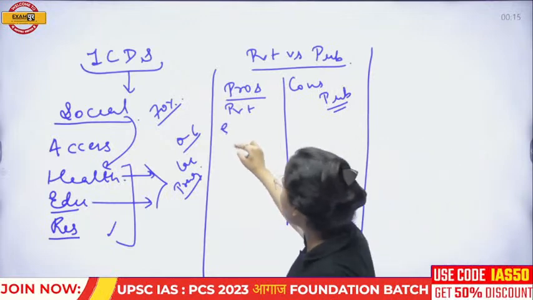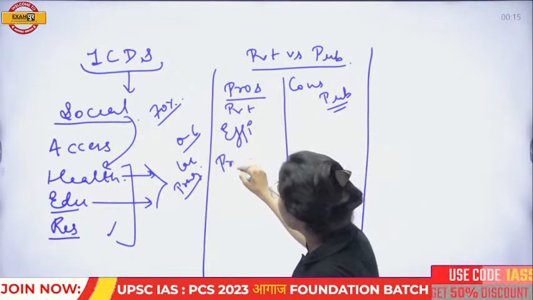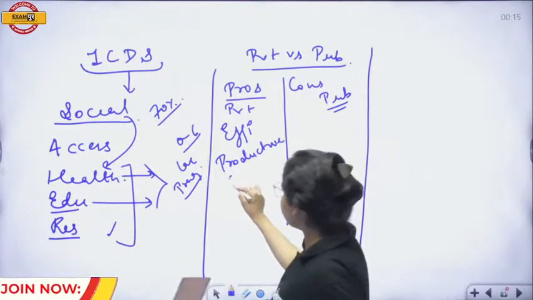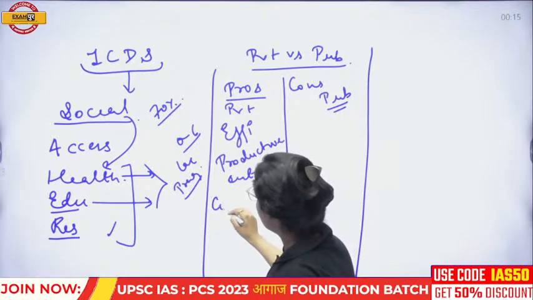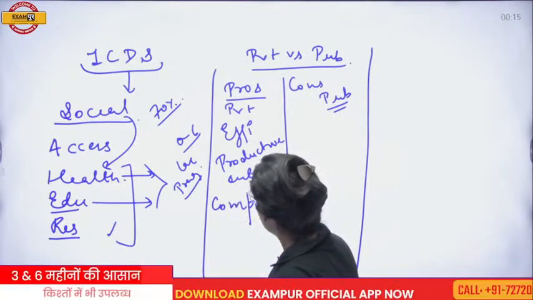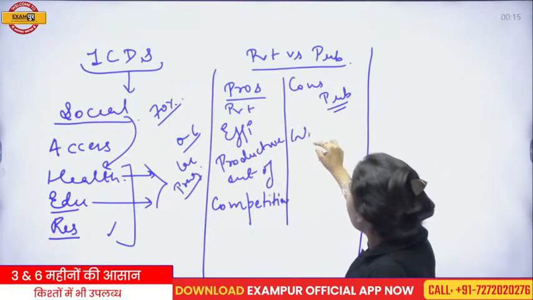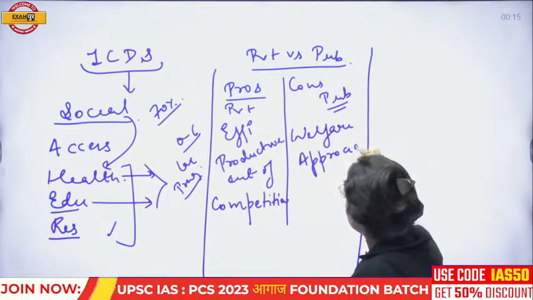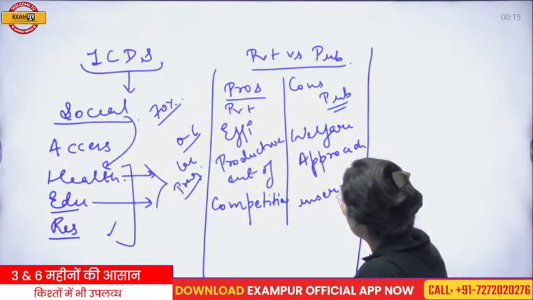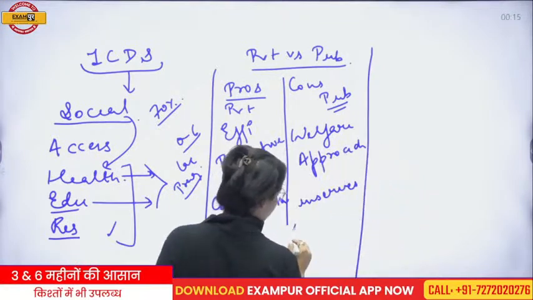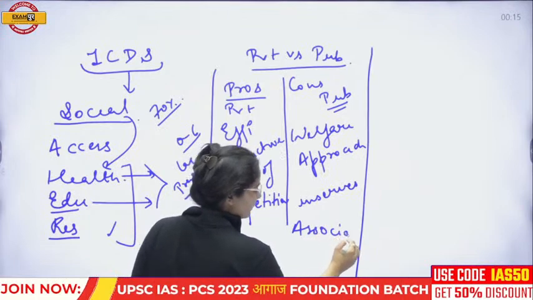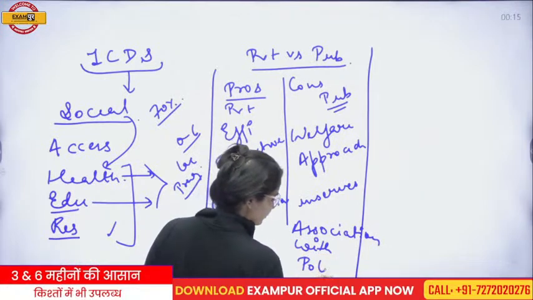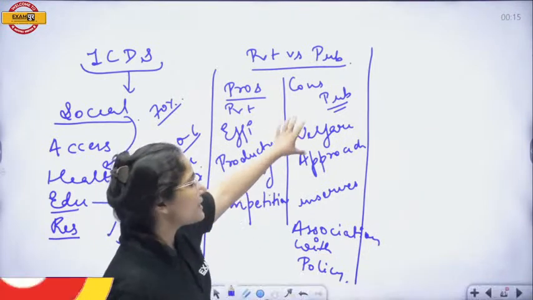Private banks establish efficiency and productivity, meaning out of competition. Public banks have a welfare approach by reaching the unserved segment, association with policies, and more branches in rural areas.